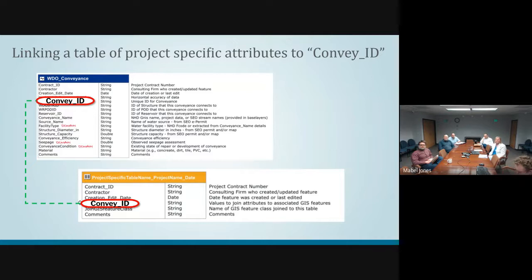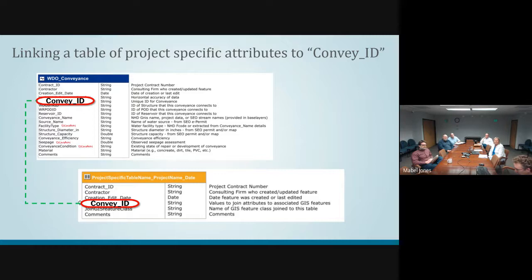So here is an example of this in action. We have one of the feature classes from our model in blue. It's the WWDO conveyance feature class with information on canals, ditches, pipelines, etc. The convey ID field is the unique identifier, and there's a set of other attributes that are also included in the feature class.